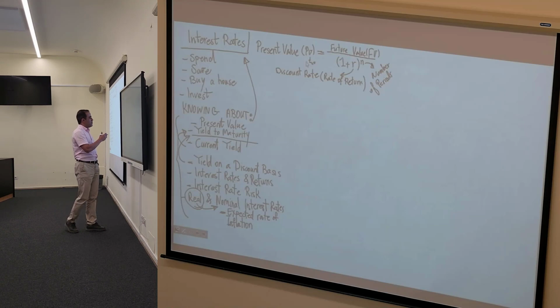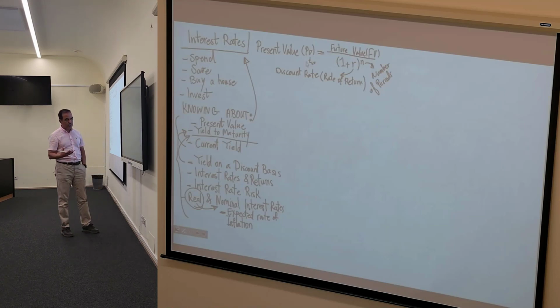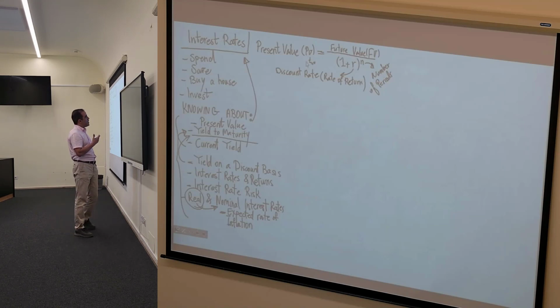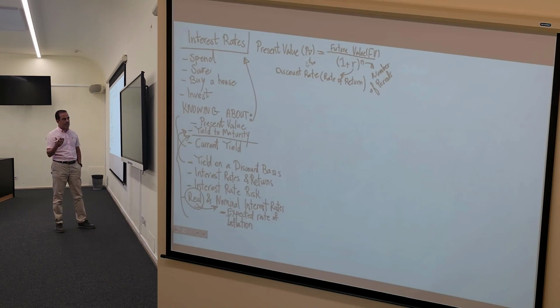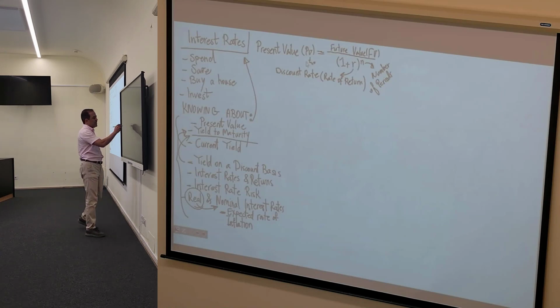So if we consider the yield to maturity, it's important to know about the interest rate and the yield to maturity to know about the bond price. Basically the relation between the interest rate and the bond price is negative.